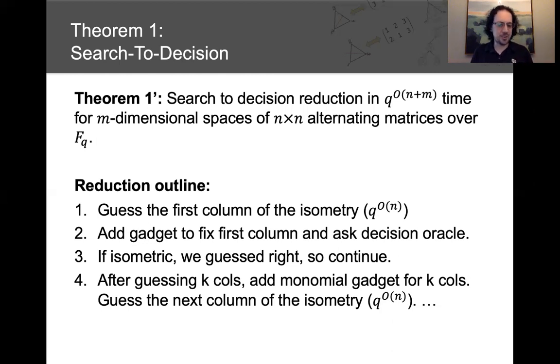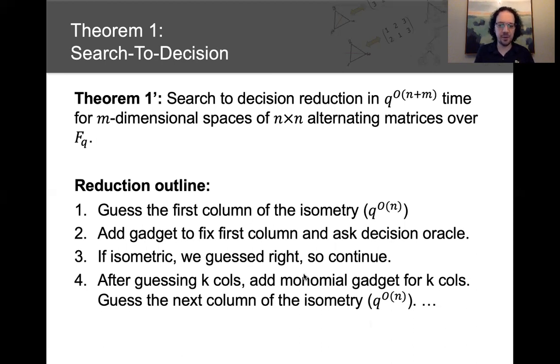If they are, we guessed right and we continue. Now we have to guess the next column and so on. After we've guessed k columns, we add this monomial gadget on the first k rows and columns, because we've actually guessed those. We could have guessed them in the wrong order, so we could permute them. And then to guess the next column, again there's just a q^O(n) factor here.